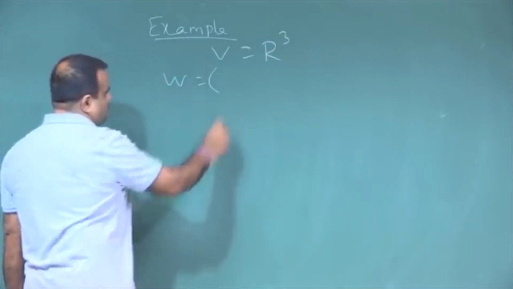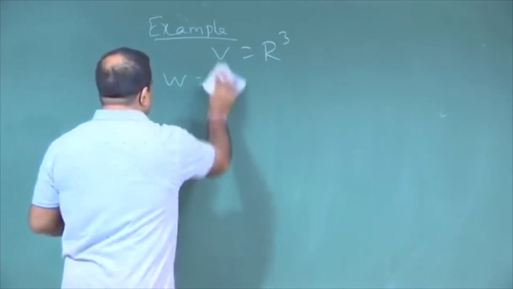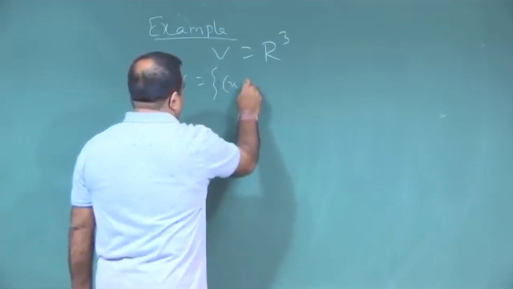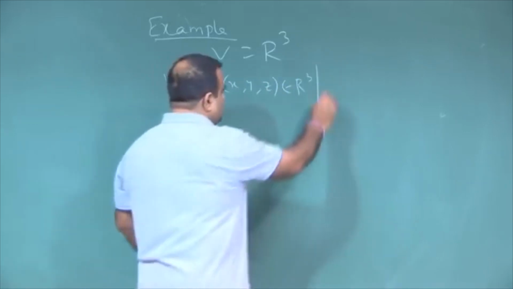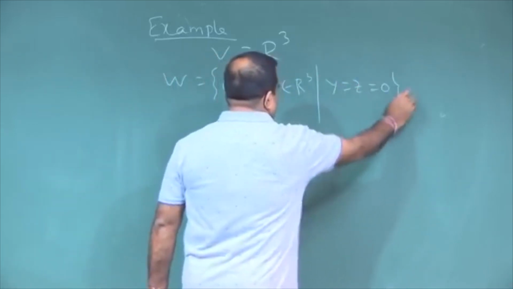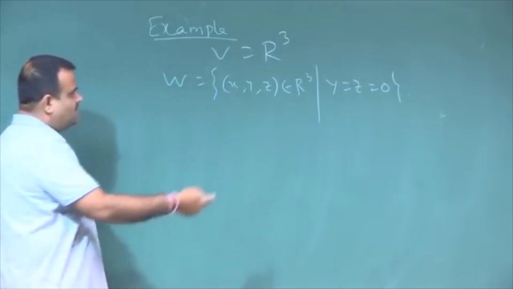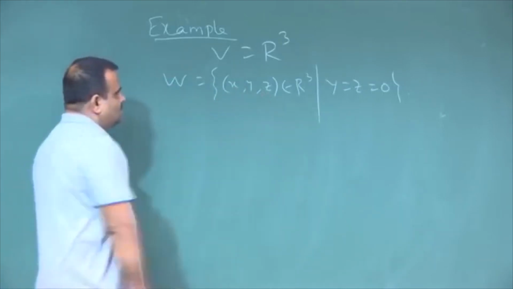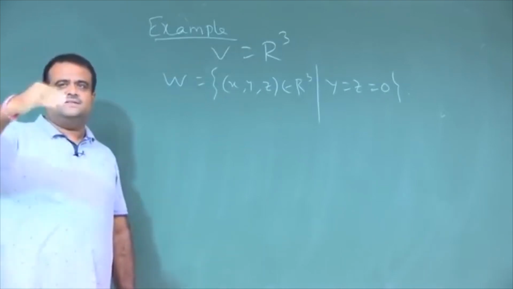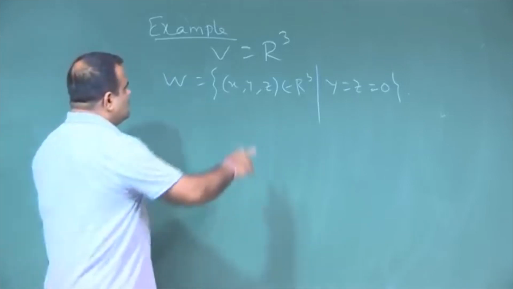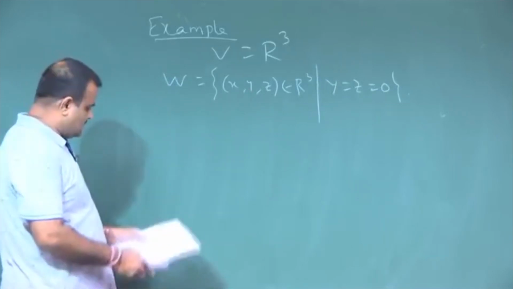Now, we take a W which is a subset of R 3, with x, y, z belonging to R 3 such that y and z are 0. So, that means it is basically R, where we have these two components as 0. So, it is a real number. If we take x axis, y axis, z axis over the plane, these two are 0. So, you have only the real line, the x axis only.